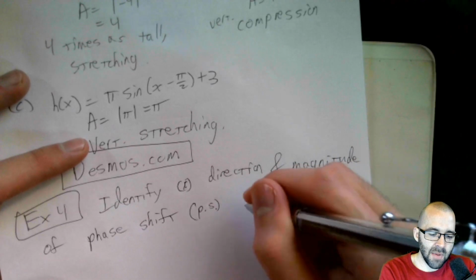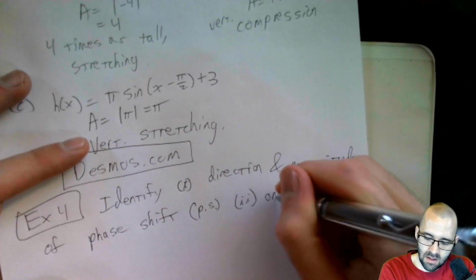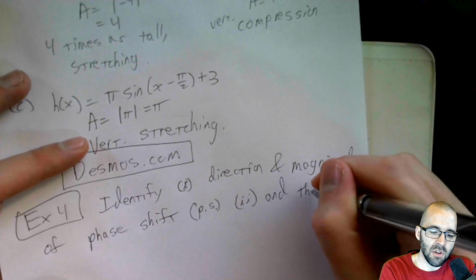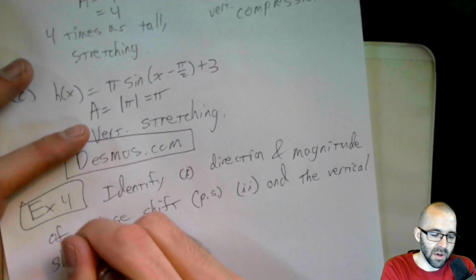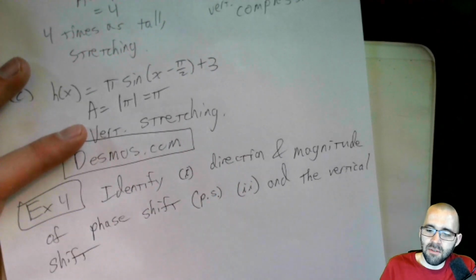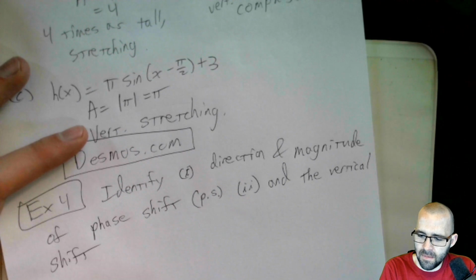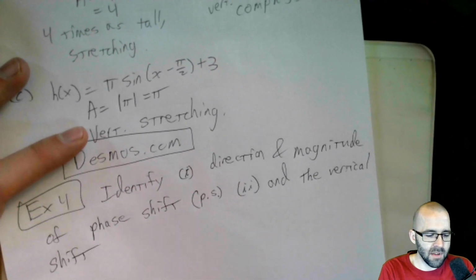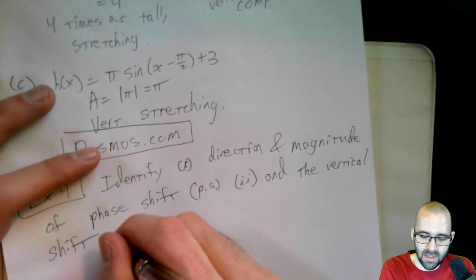Identify the direction and magnitude of the phase shift and the vertical shift. We're going to incorporate points 3 and 4 at the same time. Let's do these, and then that'll be it for the day.